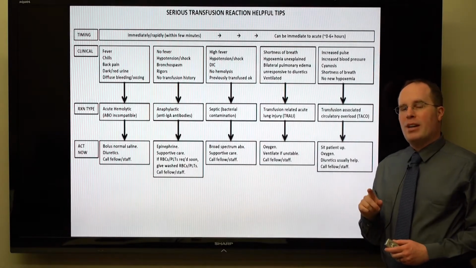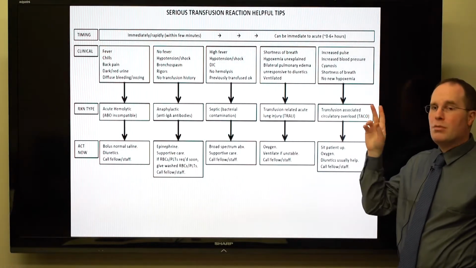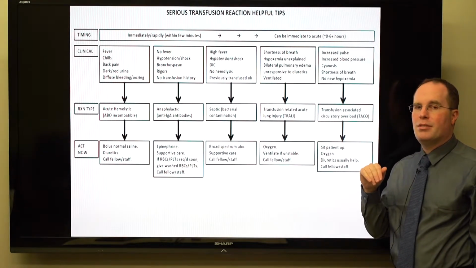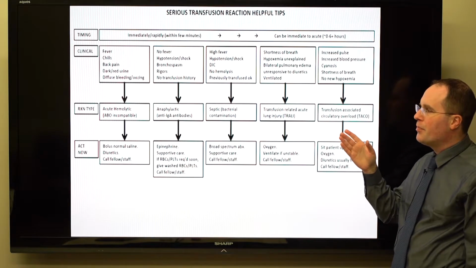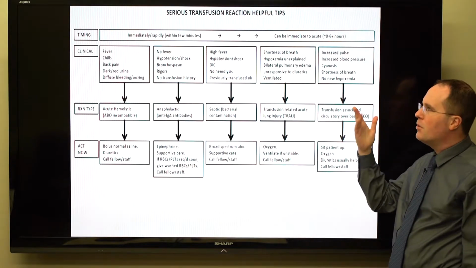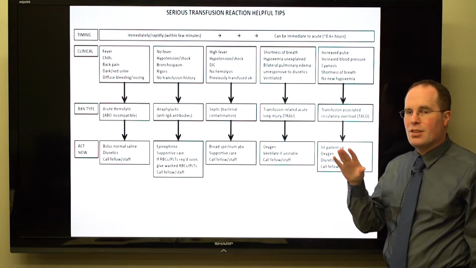Okay, before we do the practice cases, I just want to take you through how I think about, quote, serious transfusion reactions. And what I do is I just think through, when you call me, okay, can I rule out these 5 types of serious transfusion reactions?